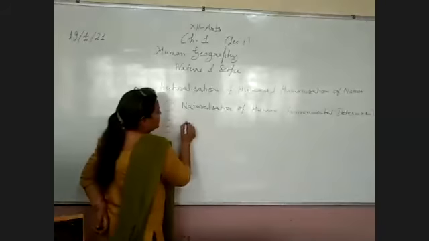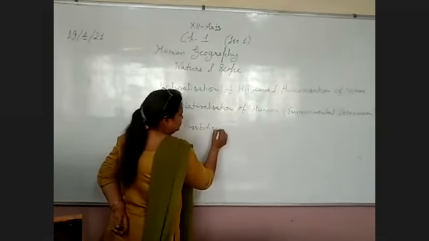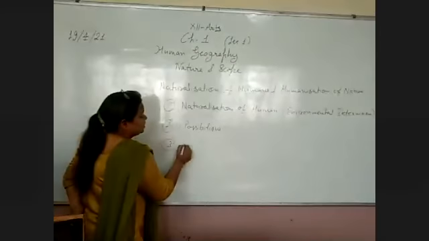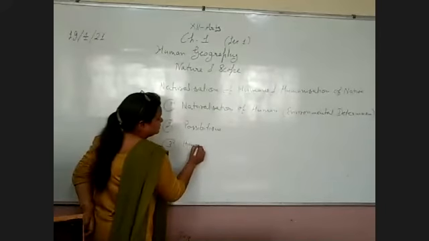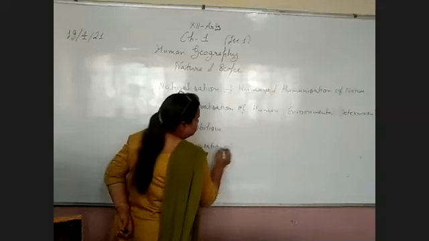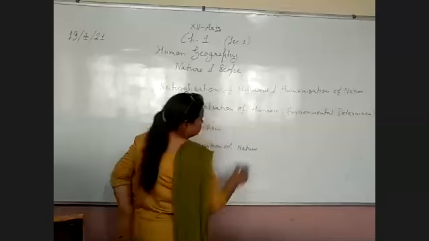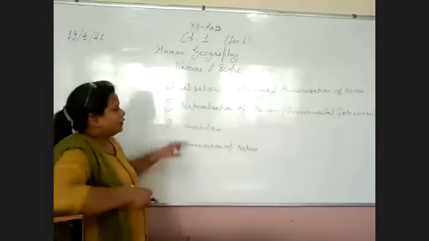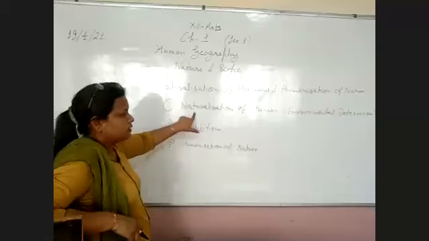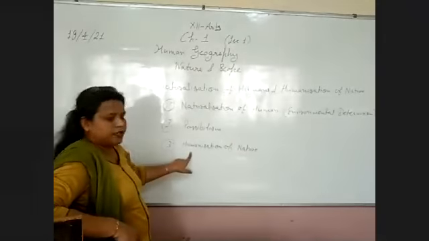Second is possibilism. Third is humanization of nature. We go through with the changing process by these three concepts: naturalization of human, possibilism, humanization of nature.